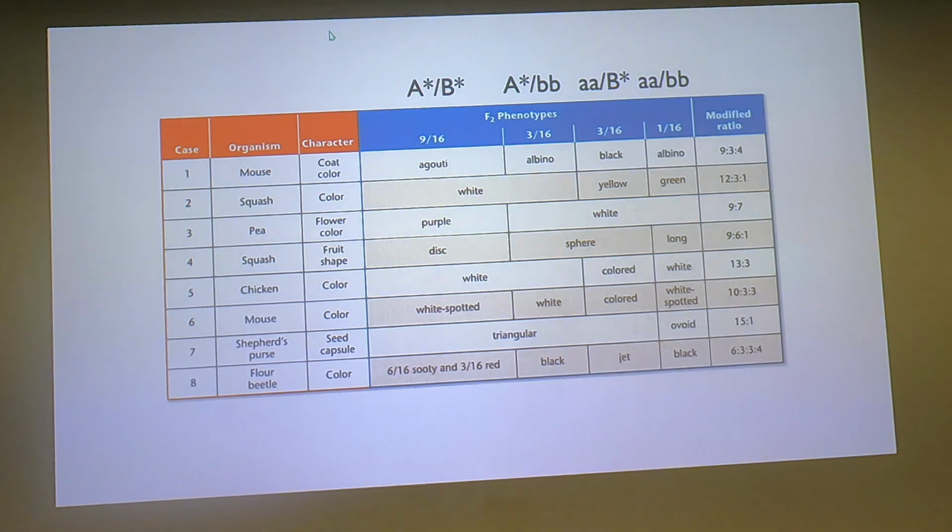So in this example, the way I would explain this is, the albinos are the product of completely lacking the pigment. There's nothing to distribute. This black variant is the result of making the pigment. The B locus is active, but it's not getting properly distributed by the A locus to make the agouti pattern.